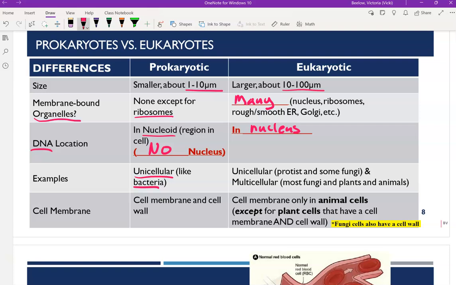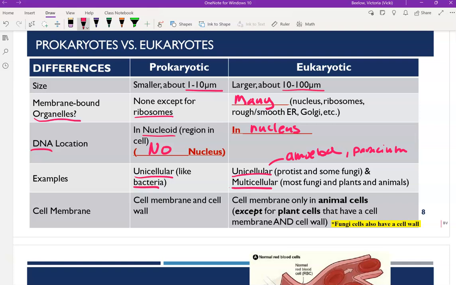Versus eukaryotes, which can be unicellular. The amoeba is included in this. Protista, paramecium are examples. Fungi, some of them. Fungi, plants, animals, and multicellular organisms are also eukaryotic.